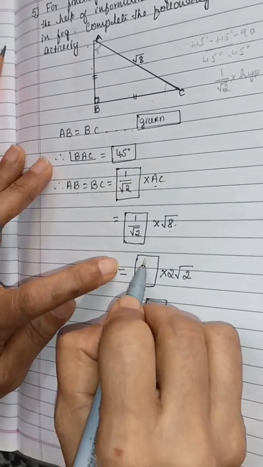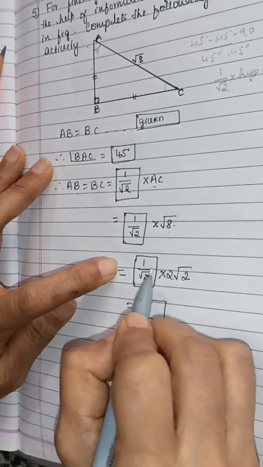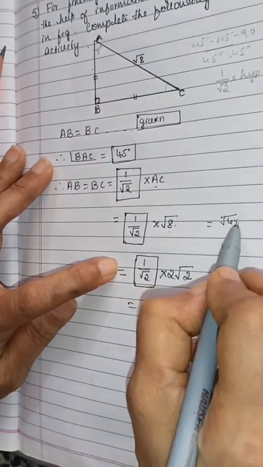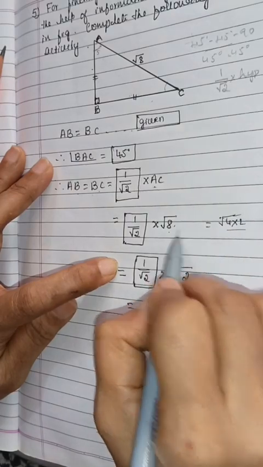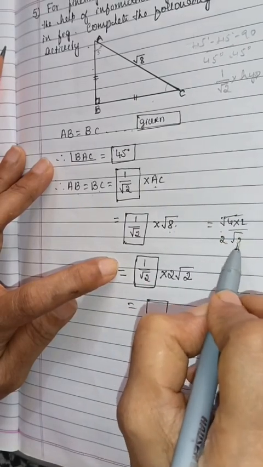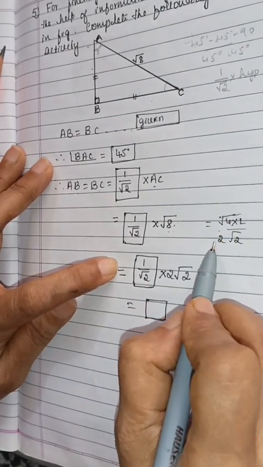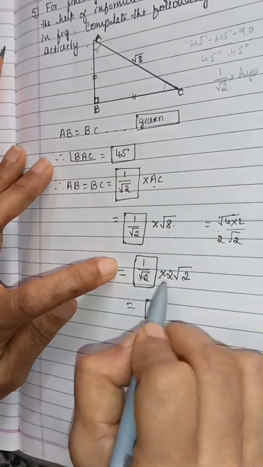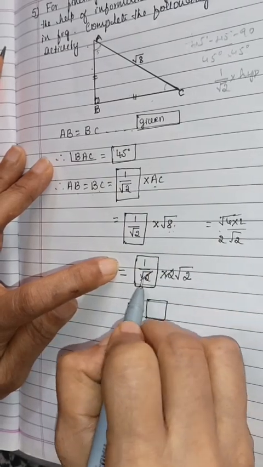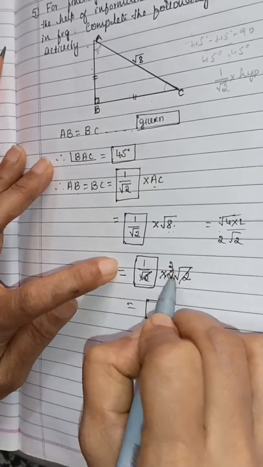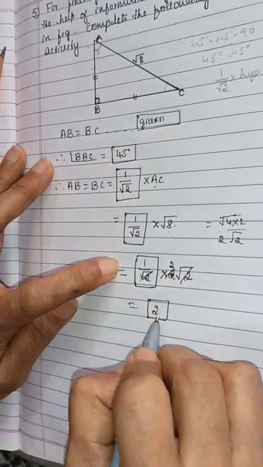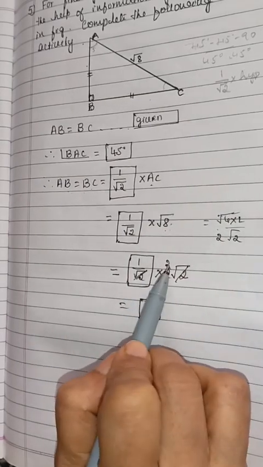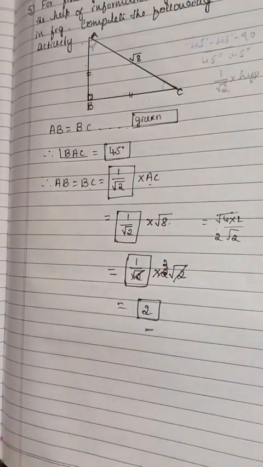Here again 1 by root 2 into root, taking 4 into 2, keep the 2 root out, 2 keep it out and write like this. So this 2 and this 2 have gone, this 2 remains. Therefore the answer is 2. This root 2 has cancelled, so this 2 is remaining. This is the answer.